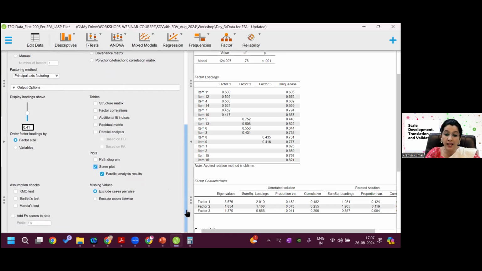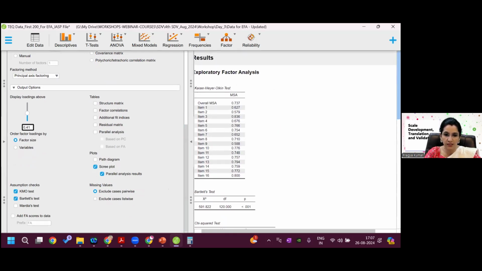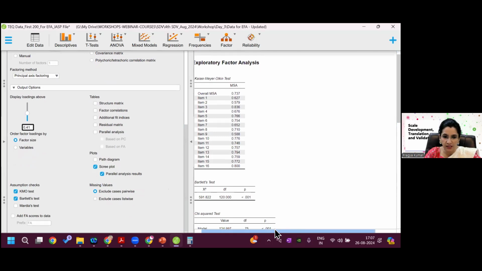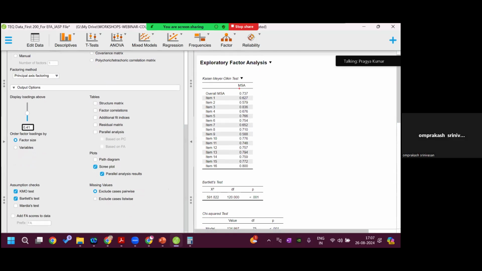I have not tested the assumptions. That was the first thing I should have done, because only based on that can I take a decision whether I should go ahead with this factor analysis or not. So if you see the assumptions, these are the KMO measures. What is the KMO measure? If you see the overall KMO, it is acceptable, 0.737.